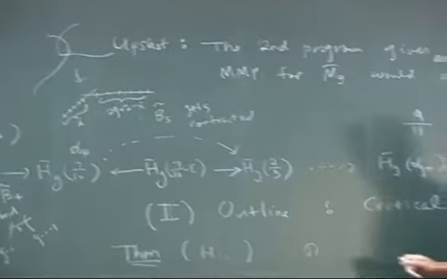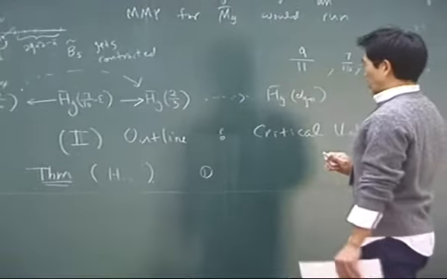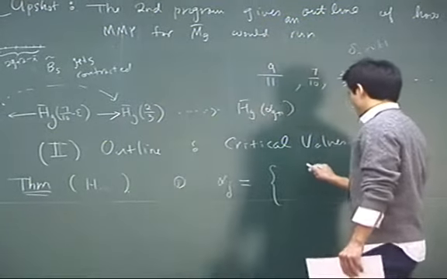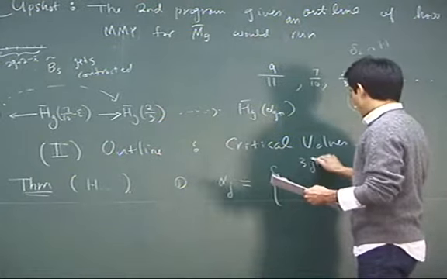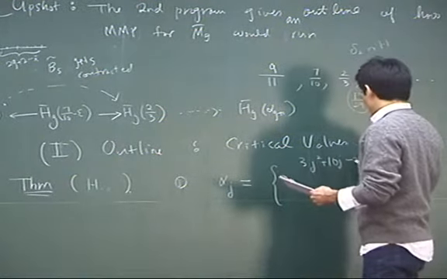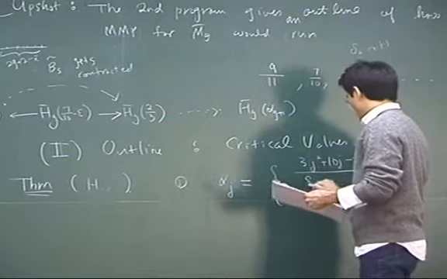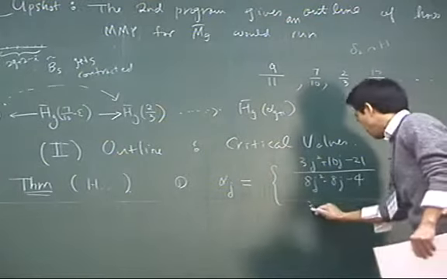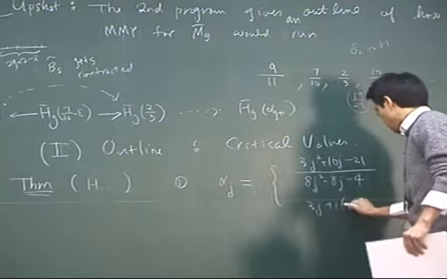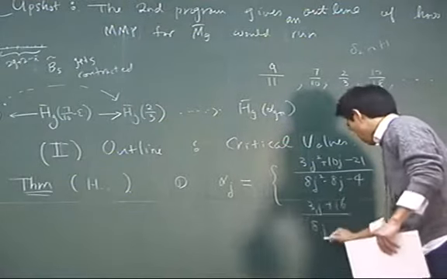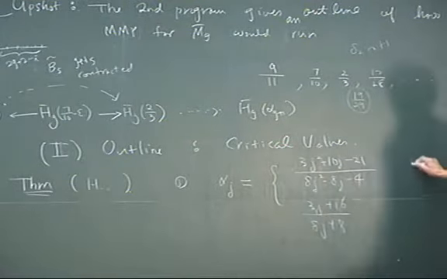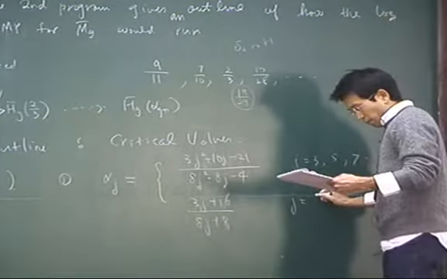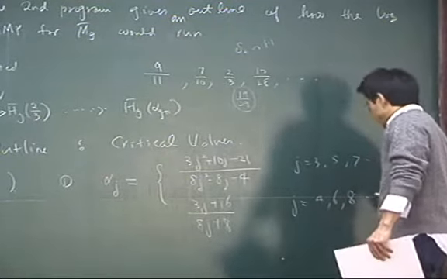Right, so hyperelliptic curve critical values are given by, let me cheat, 3j squared plus 10j minus 21 over 7, 4, 6, 8.